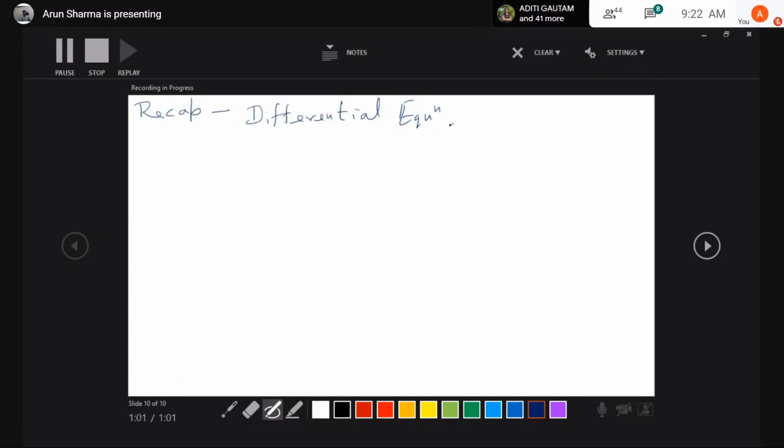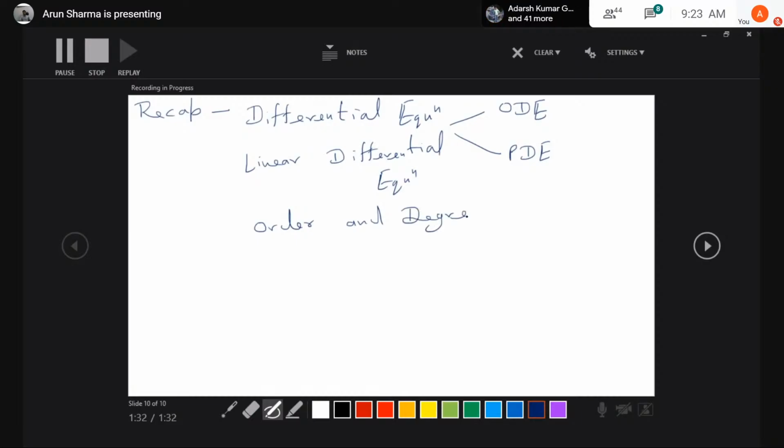We had two types of differential equation. One is ODE, ordinary differential equation. One is PDE, partial differential equation. And I have defined linear differential equation. I have defined order and degree of a differential equation.